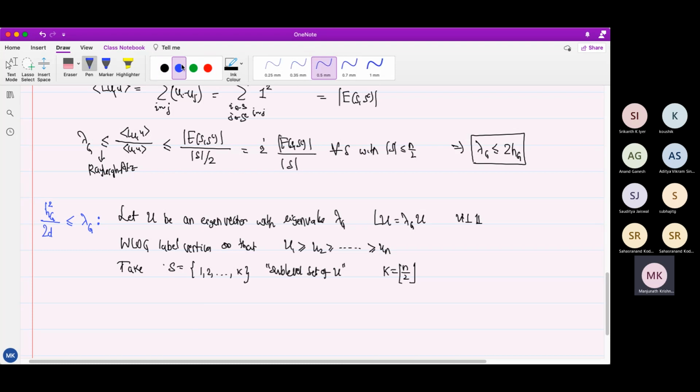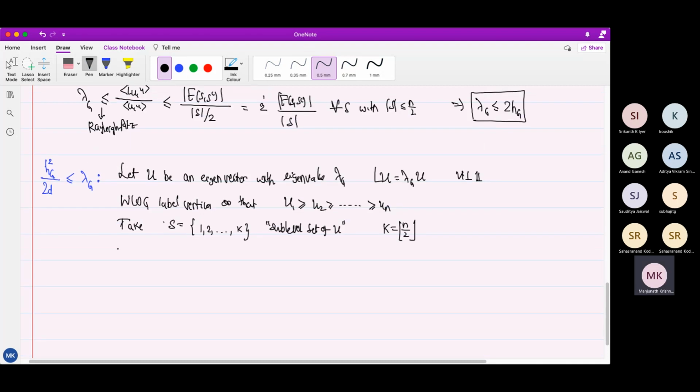We'll want to show that for this you get less than or equal to square root of 2 lambda g, which of course implies this.